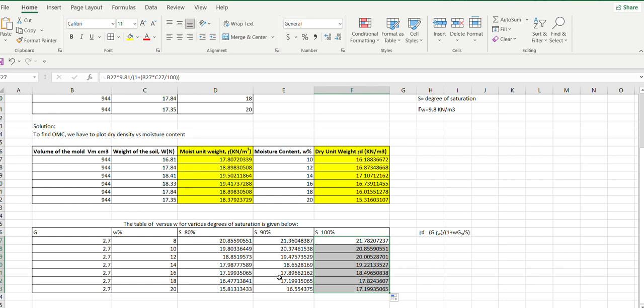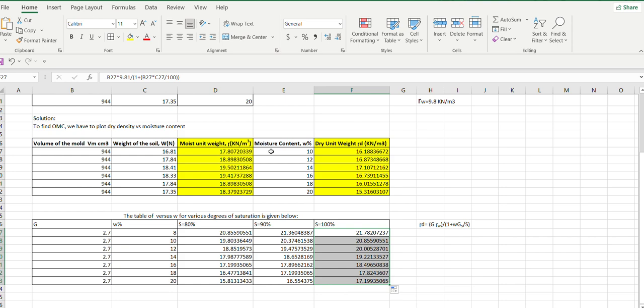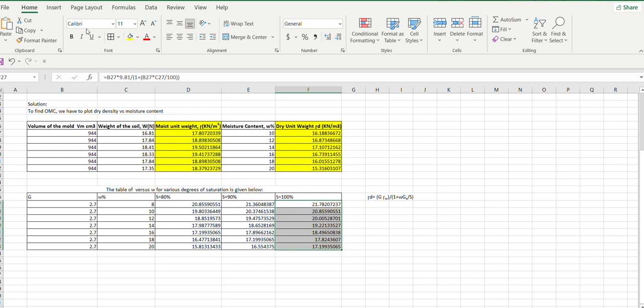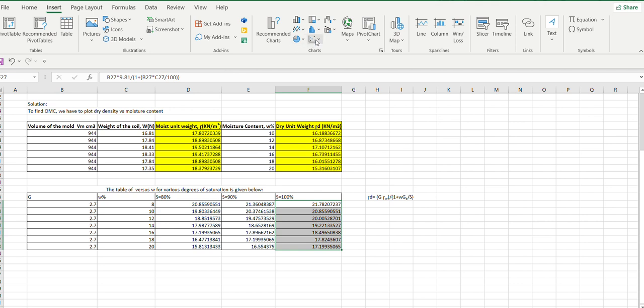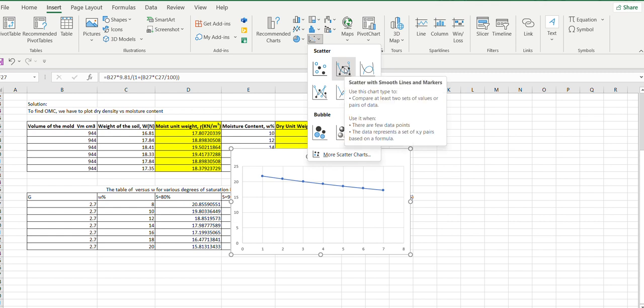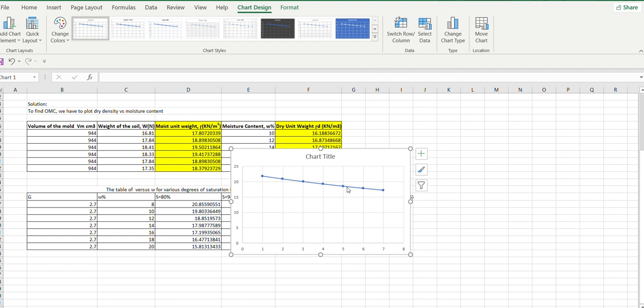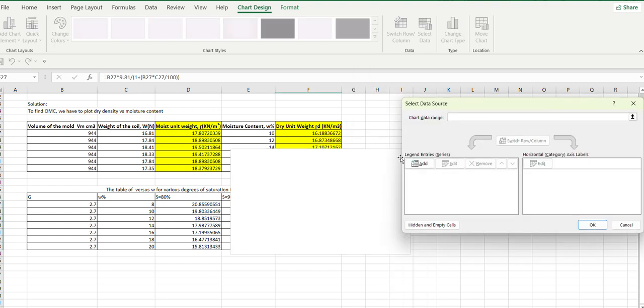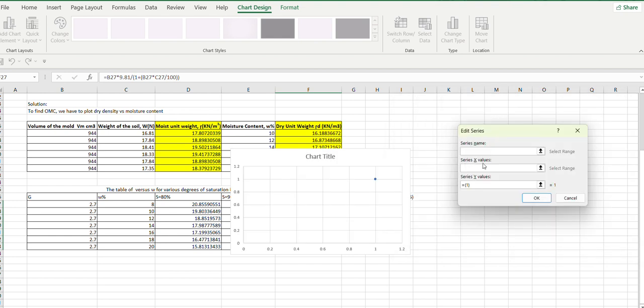So now we have all the required values, and all that is left for us is to plot it on the graph. So we have to go to Insert, to the scatter plot, and scatter with smooth lines and markers. Right click, select data, add series name moisture content versus dry density.